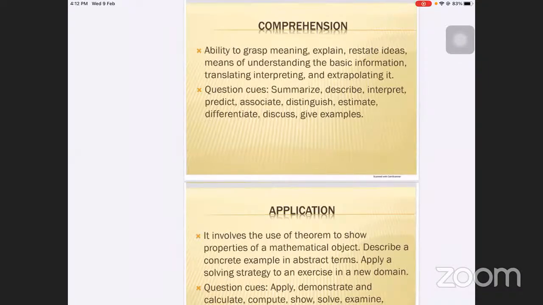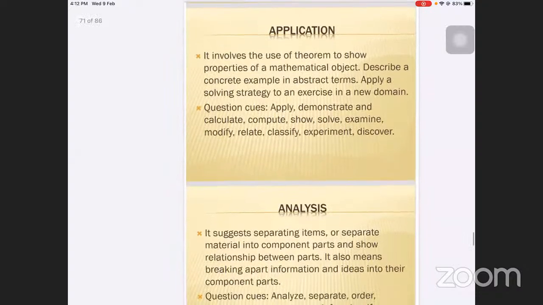The third level of learning in this cognitive domain is application. This application aspect says that the knowledge learned and understood by the students can be applied, or correlated with the outer world. Say, for example, you have explained electricity in the classroom.